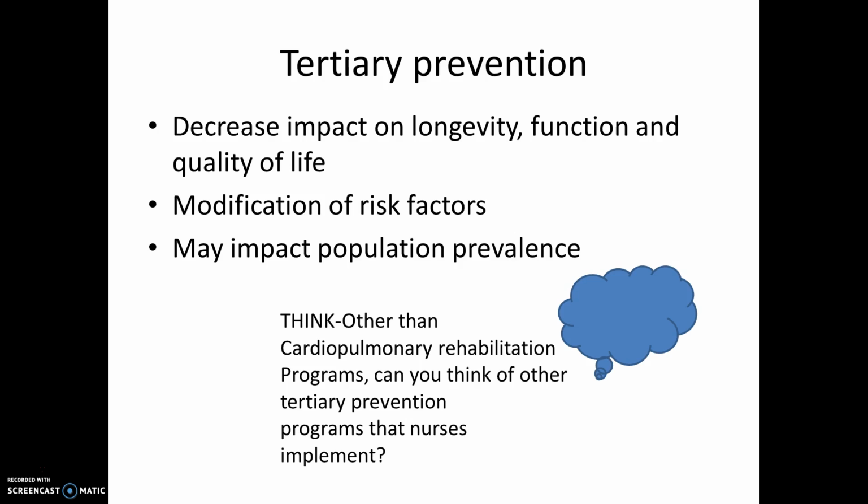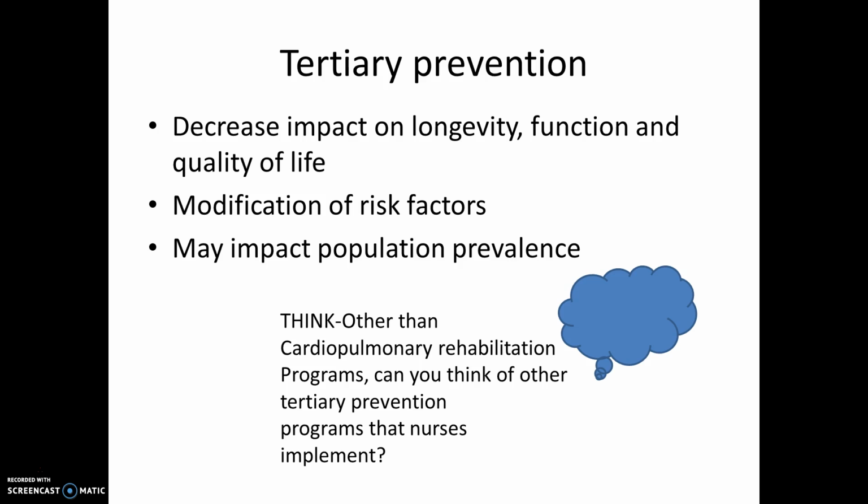Our third level of prevention is tertiary prevention, and this is a very significant prevention moment for public health when you think specifically about chronic disease. The whole focus of tertiary prevention is to decrease the impact on longevity, function, and the quality of a person's life, to modify risk factors, for example, smoking for someone with lung cancer.